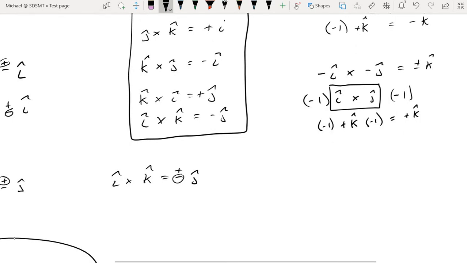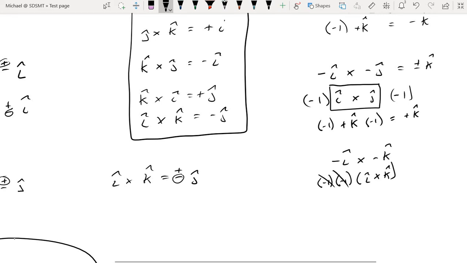Let's try one more. Let's try negative I hat cross negative k hat. Now in this case, if you really wanted to, you could factor out those -1s right away. And the moment you do that, you realize, well, two negatives makes a positive. All that's left is I cross k.